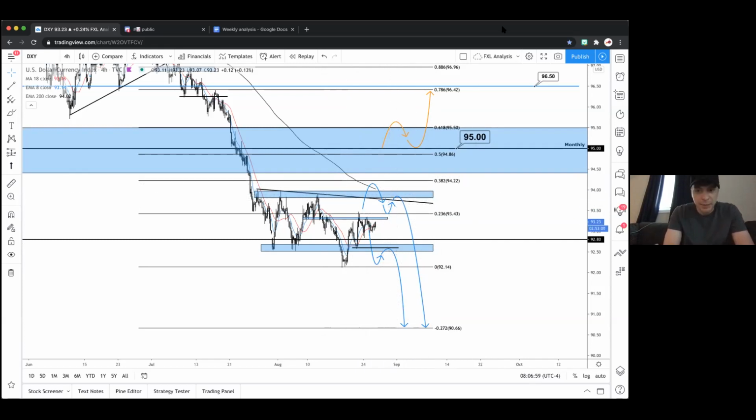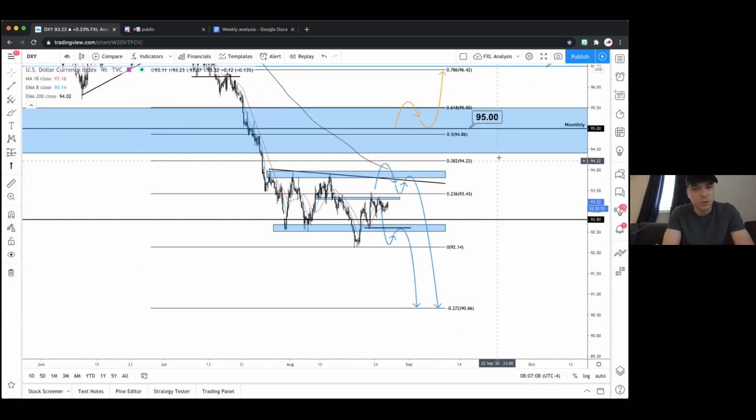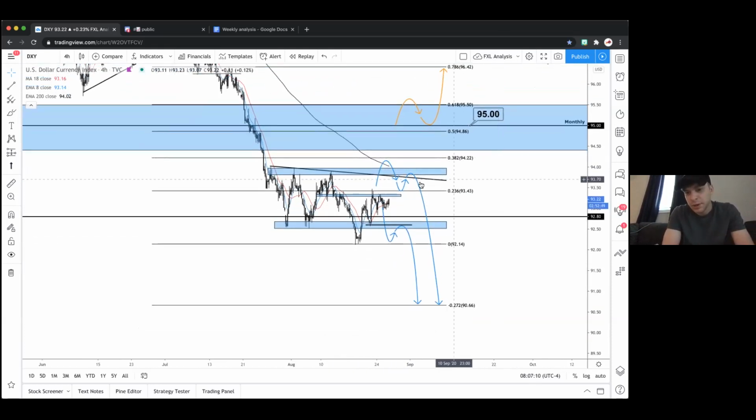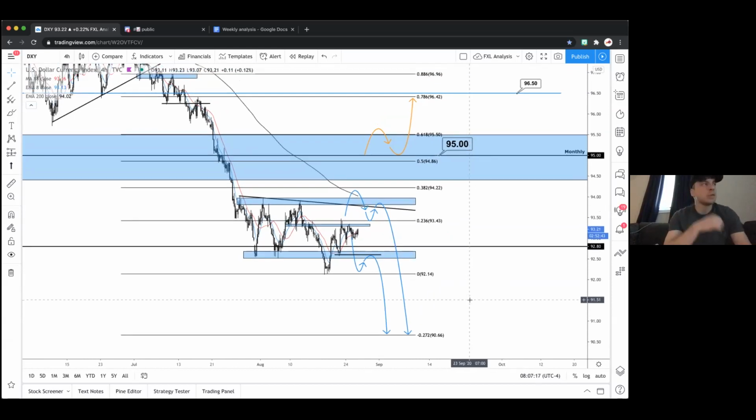Okay, so that could happen. Structure formation is always ideal when looking to continue with a trend. So we would really like to see that. That really shows a healthy market, a nice strong market, especially with a pretty swift rejection off the 38.2 if we do hit it and come back down. So we'll see. That's one scenario.